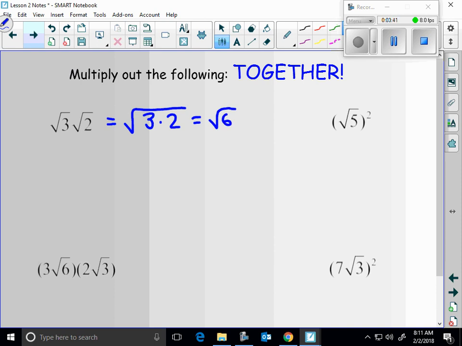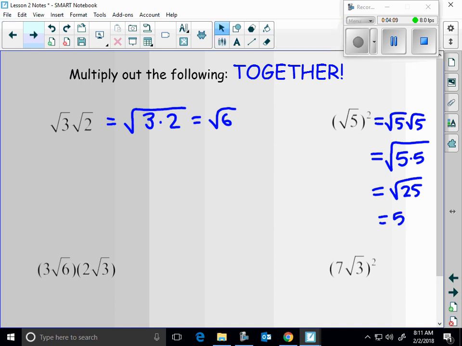You don't have to have a common denominator, because you don't have denominators, and because we're not adding or subtracting, right? Would you agree that this would be the same as square root 5 times the square root of 5? Square root of 5 squared, right? Which would be equal to the square root of 5 times 5, which is equal to the square root of 25, which equals 5.